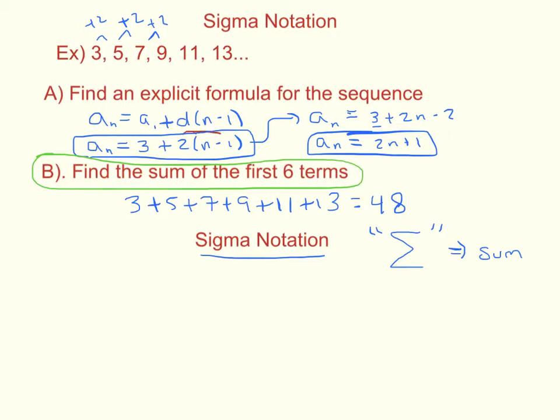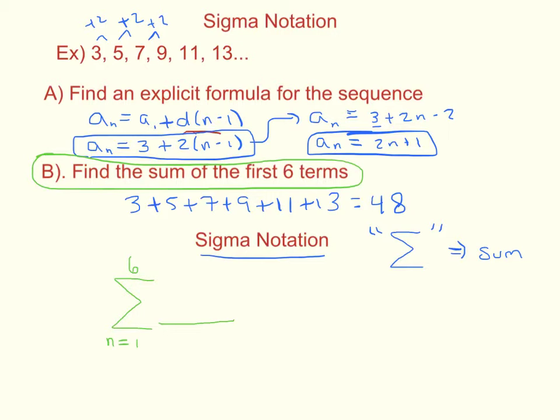So this here, the sigma symbol, means I want to sum up. Now to get across the idea that I want to sum up the first 6 terms, I'm going to say my terms start at 1, so the starting term goes down here at the bottom with a little n equals. N goes from 1, and then where you stop is up here. So up to the 6th term. Now, what has to go in here is the rule.